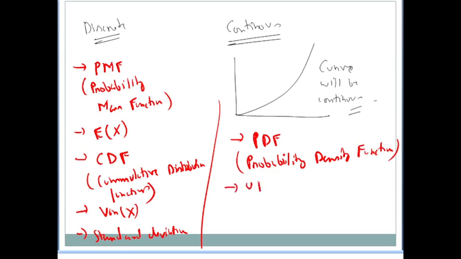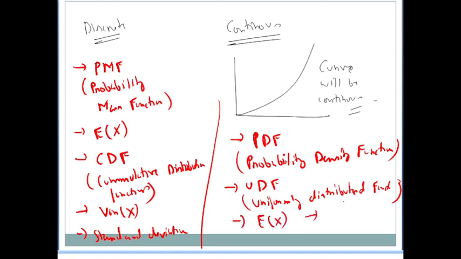There we might have the UDF, that is the uniformly distributed function. Here we can have the expected value of x, that is the mean. Then we can have the variance of x, and we can have the standard deviation.